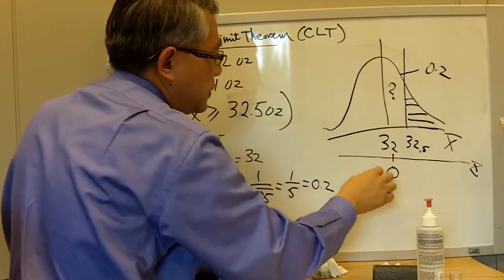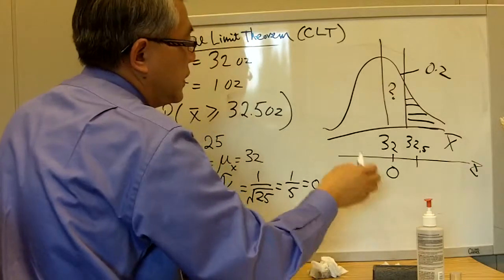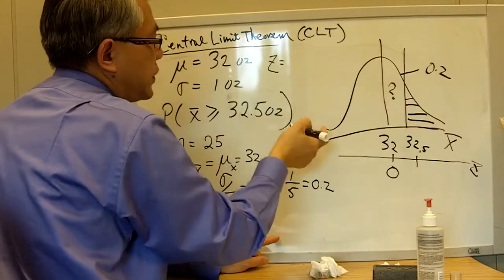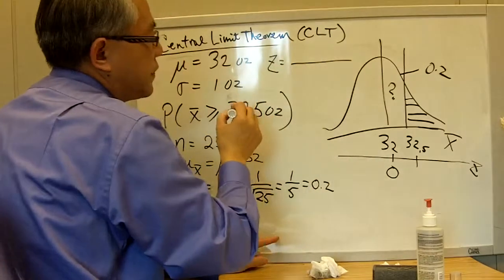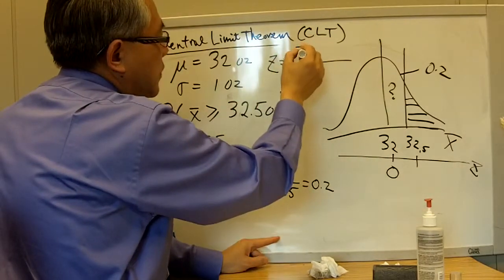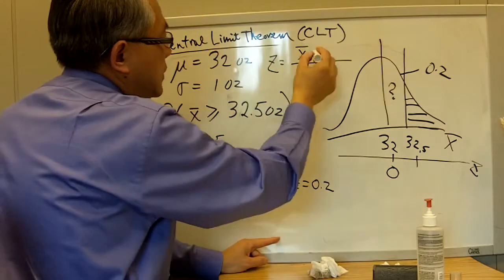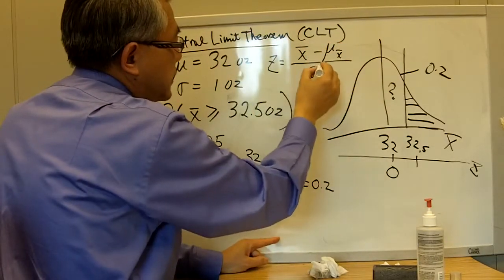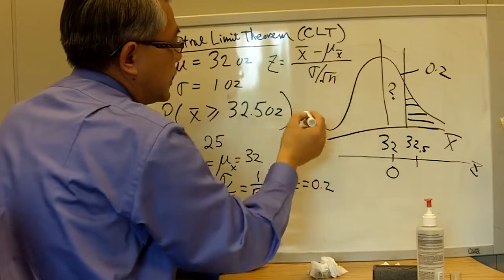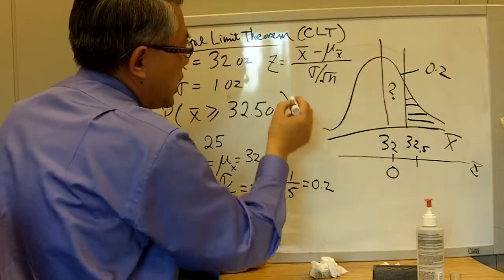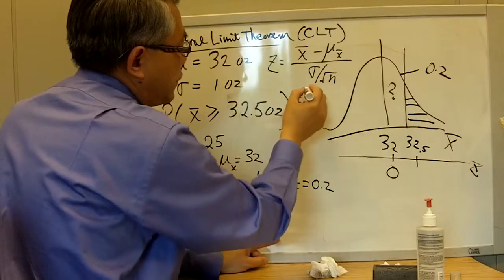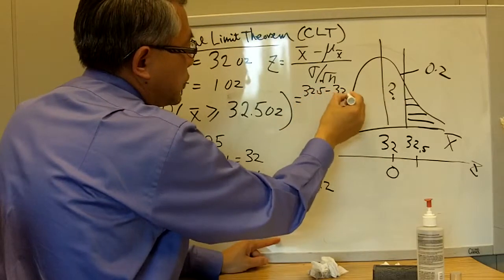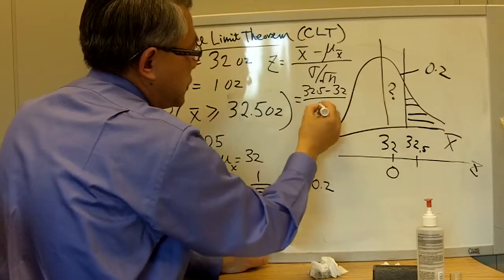32 is the same as 0, and for 32 and a half, we are using the equation z, and this is for the sampling distribution, slightly different from previously. It's going to be z equals x bar minus mu of x bar divided by sigma over square root of n. So in this case, the 32 and a half would be 32 and a half minus 32 divided by 0.2.